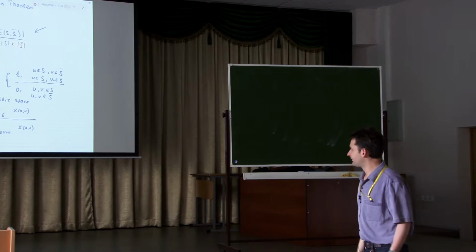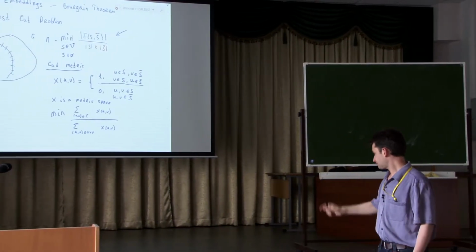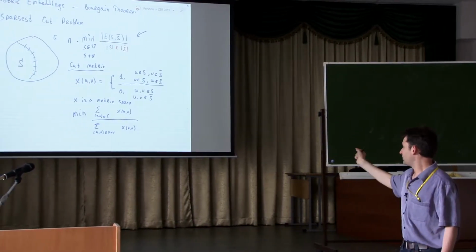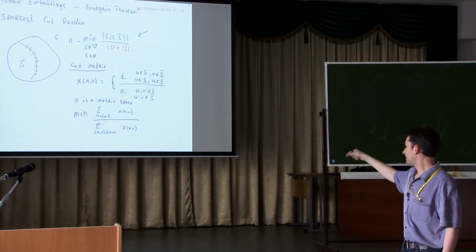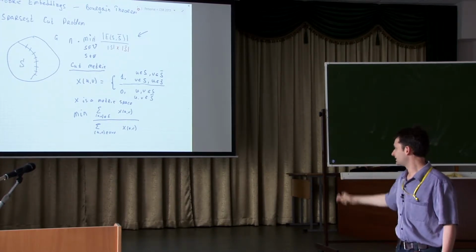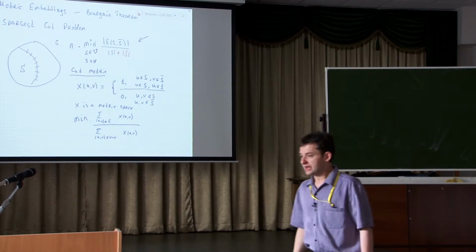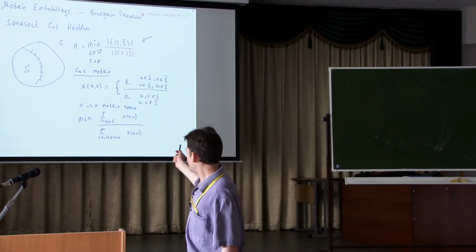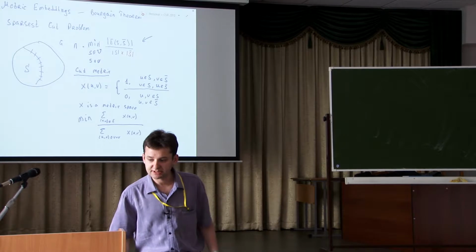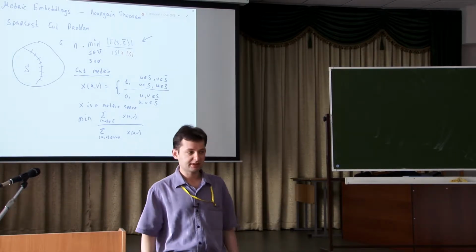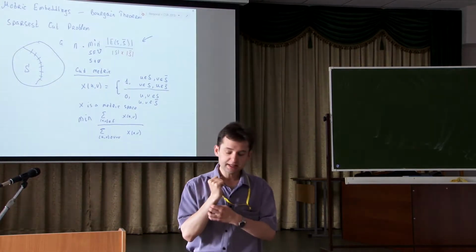And it is 0 if u and v lie in the same part: either u and v lie in S, or u and v lie in S complement. And as we have seen, this is a metric space, or semi-metric space, because we allow some distances to be 0 even if u and v are not equal.